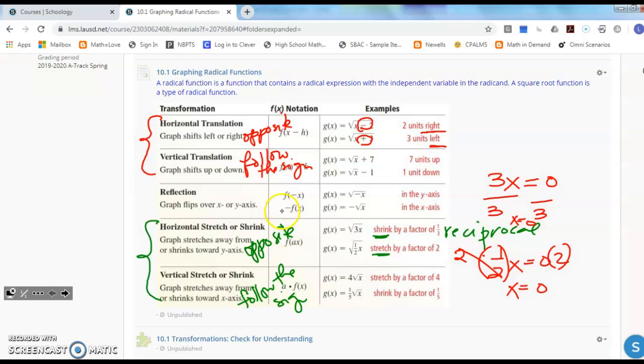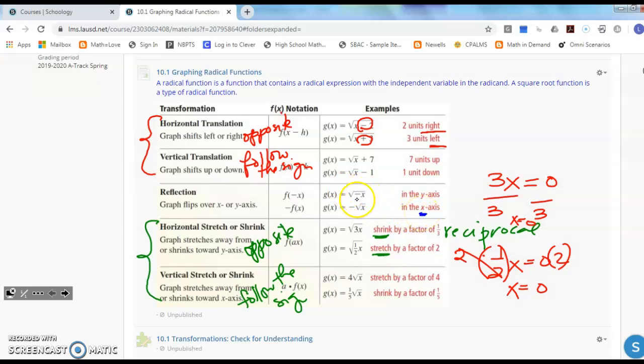Last but not the least is reflection. Reflection happens when you're multiplying either the radicand or the whole expression by -1. If the function is being multiplied by -1, you're reflecting it in the x-axis.